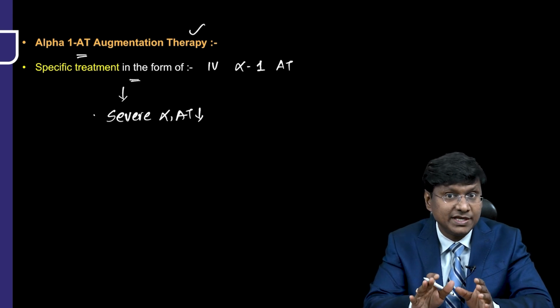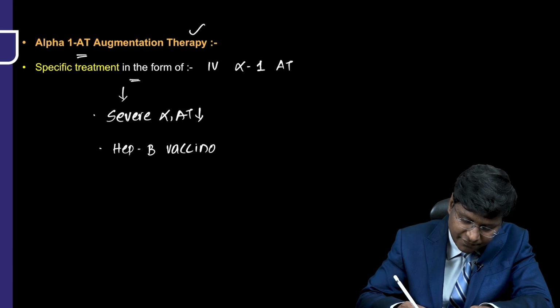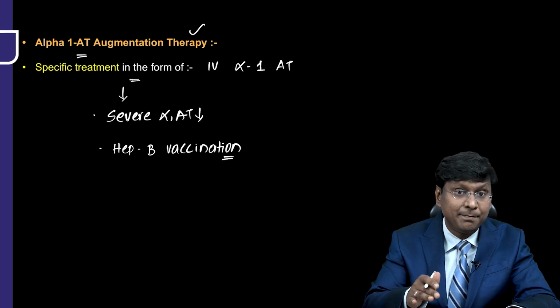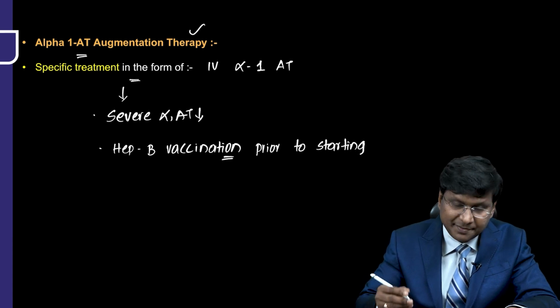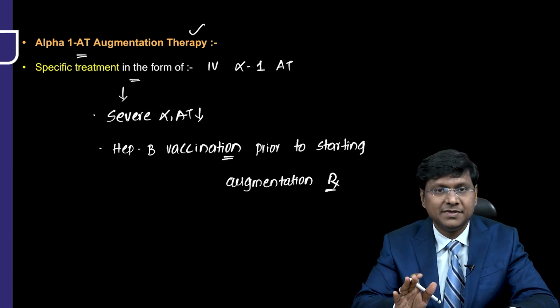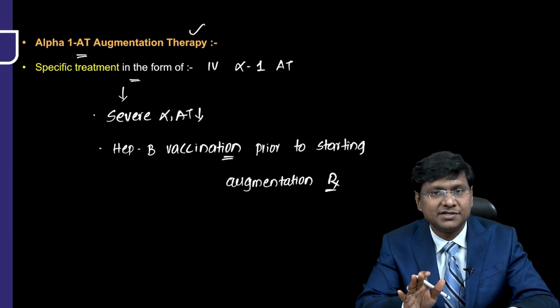Some physicians even recommend giving hepatitis B vaccination prior to starting augmentation therapy, which is the specific treatment you give in alpha-1 antitrypsin deficiency.